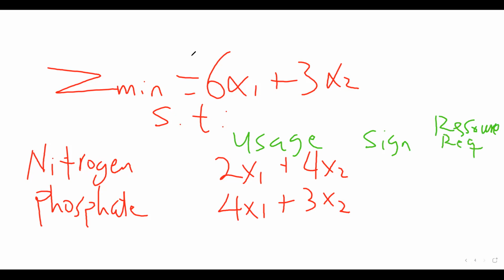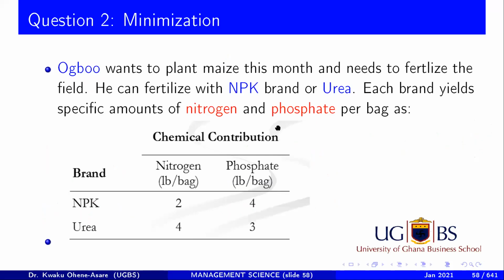And you'll come to understand that very soon. So let's understand the resource requirement, and before we even bring out a sign, let's understand the resource requirement for each one of these, nitrogen and phosphate. So look at the storyline. The storyline will guide you.